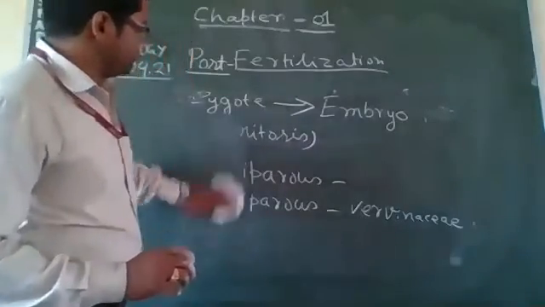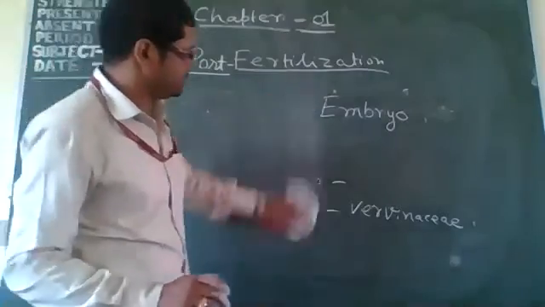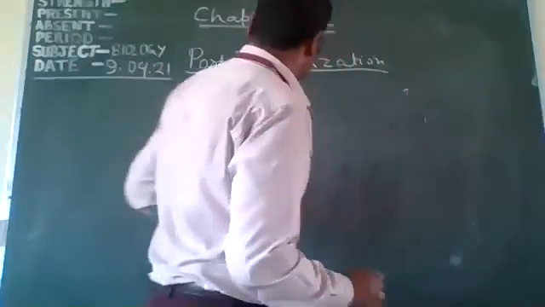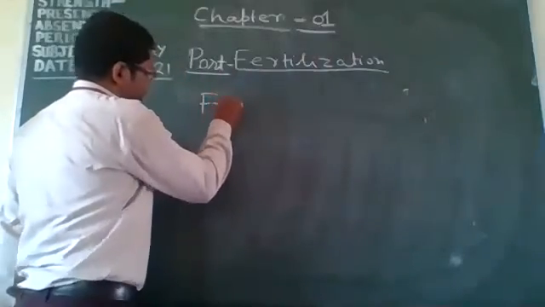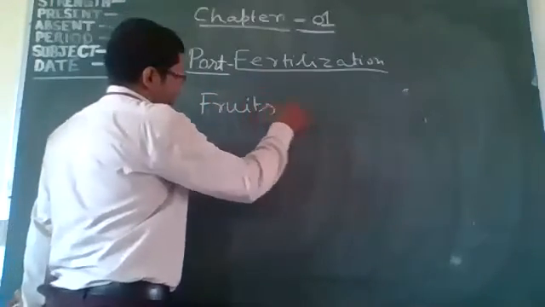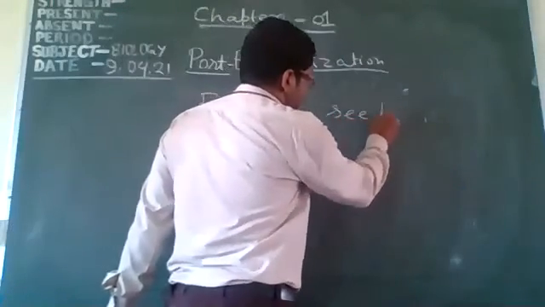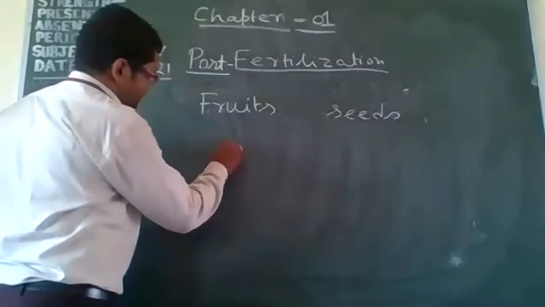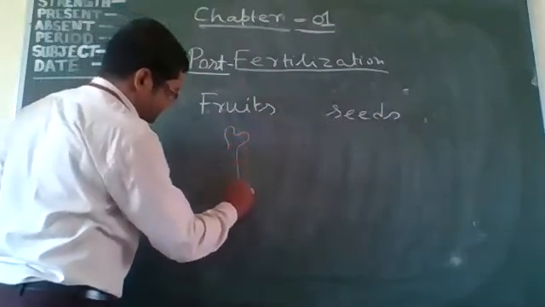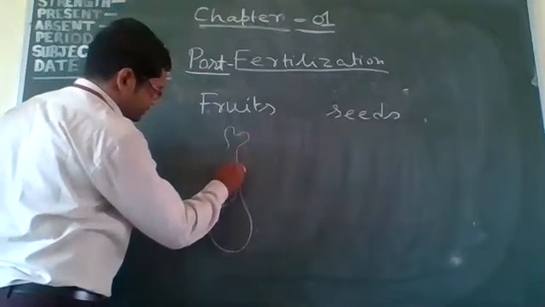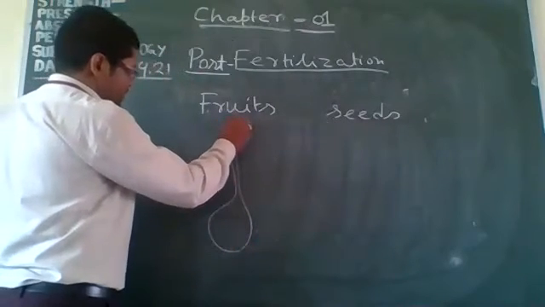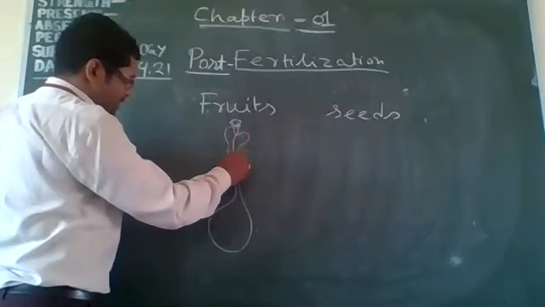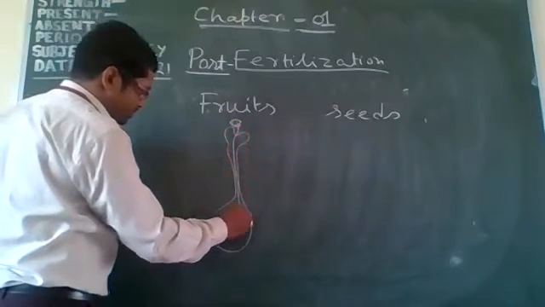What is the difference between fruits and seeds? During fertilization, the pollen grain enters the stigma and forms the pollen tube.